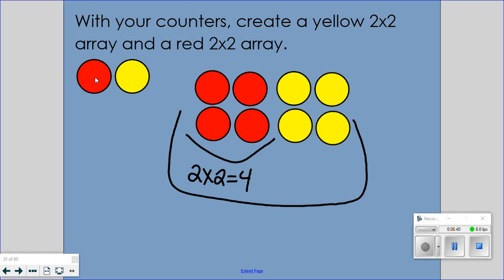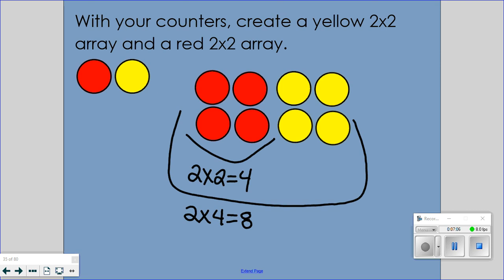I have 2 groups of 4. And that's worth 8. Have you noticed a pattern? If you think you know, we're going to do another one. If you're not sure yet, that's okay.